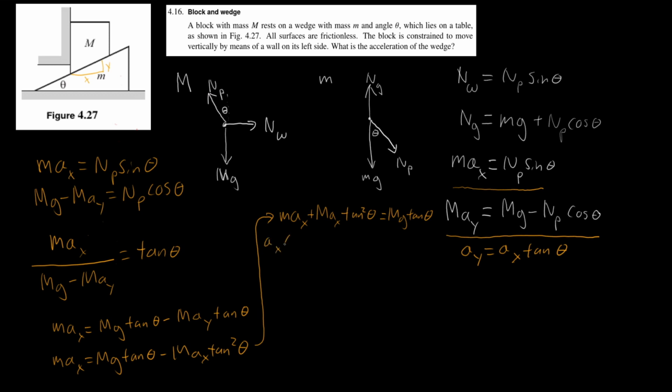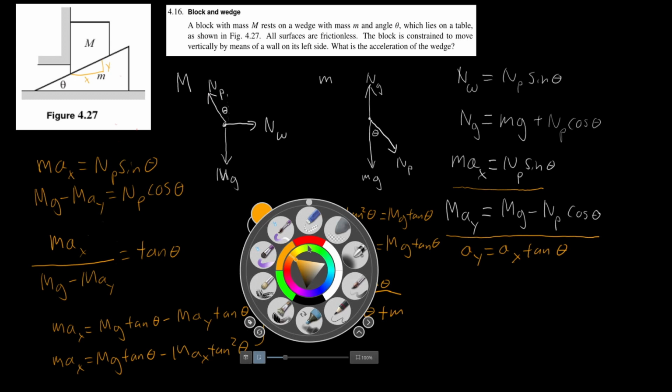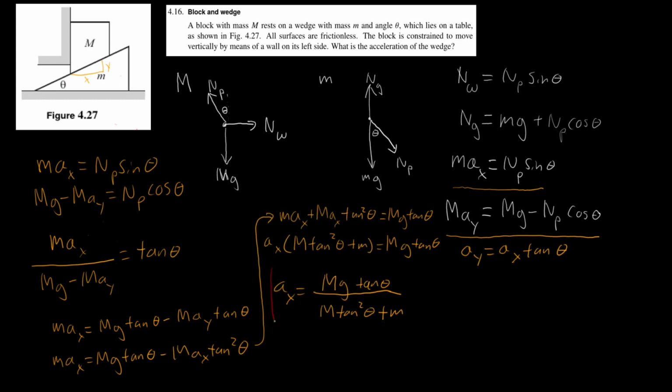Factoring out ax, you get M tangent squared of theta plus little m, times ax, is equal to big Mg tangent of theta. So ax is equal to Mg tangent of theta divided by M tangent squared of theta plus little m. And this is our answer, actually: the horizontal acceleration of the wedge.